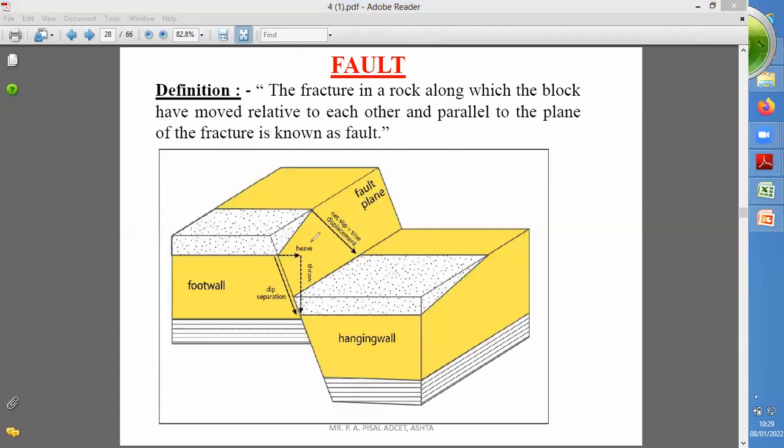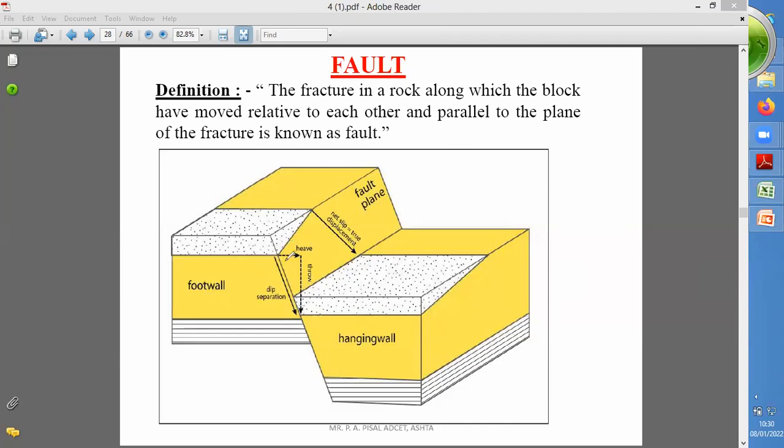Here you can see this is the heave, this is the throw, and this is the slip. Heave, throw and slip are the three distances in the fault. Just a minute, I will explain what is the meaning of throw, what is the meaning of heave, and what is the meaning of slip.